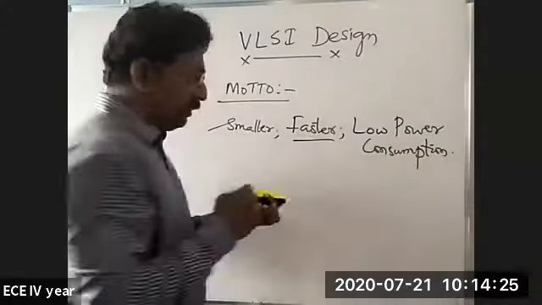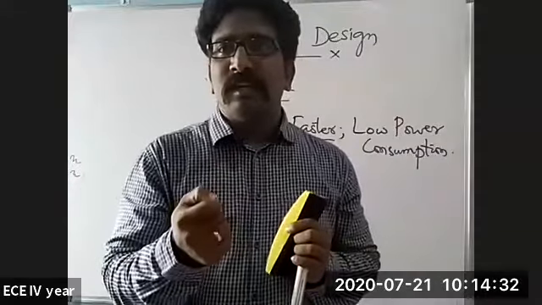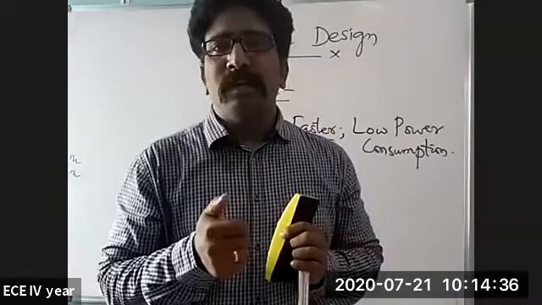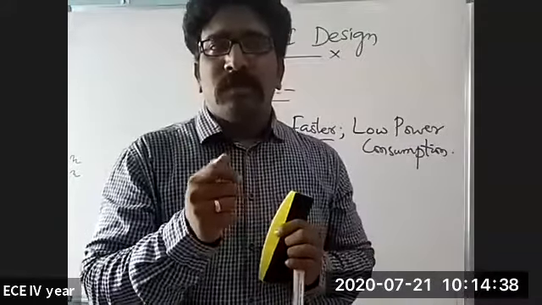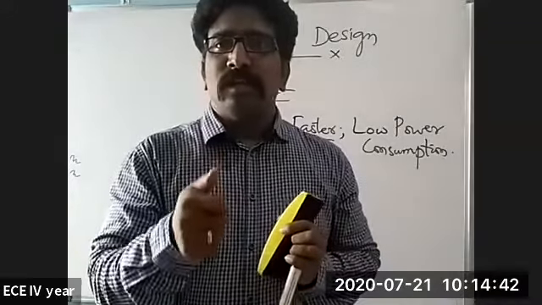And talking about the fastness of devices, let me take a very recent example. Nowadays, we are getting inbuilt thumb impression login in mobile phones, where you can log in through your thumb on the screen.